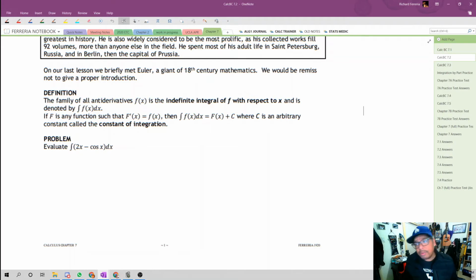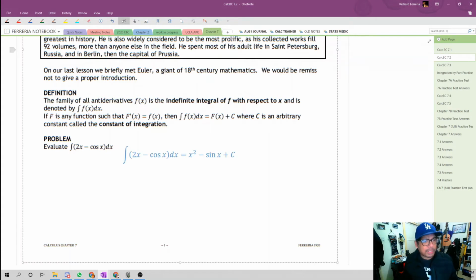That's kind of a review of where we were last section, especially if I'm remembering correctly, section 7.1. So for this problem, all we need to do is find the antiderivative of 2x minus cosine x. Not that big a deal, just x squared minus sine x plus c. Hopefully that kind of thing is really easy for you at this point.